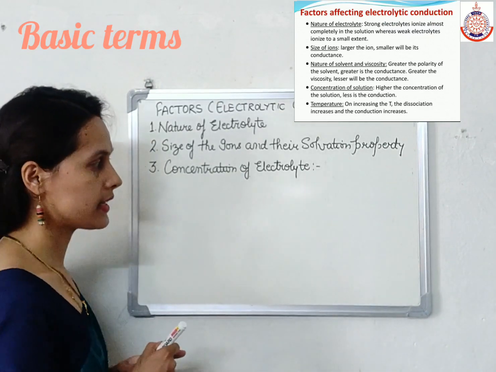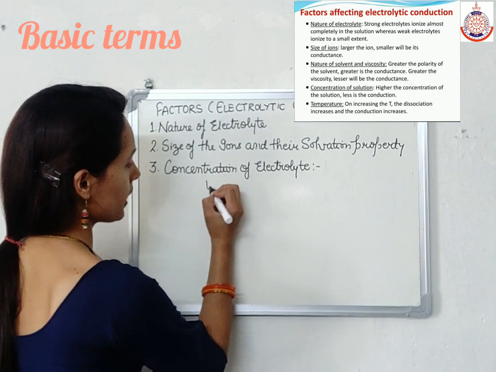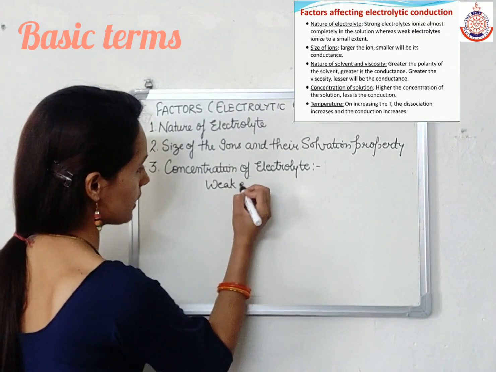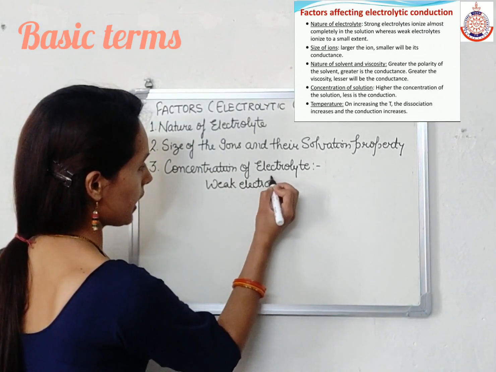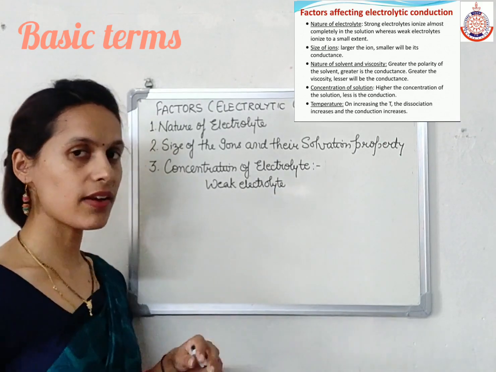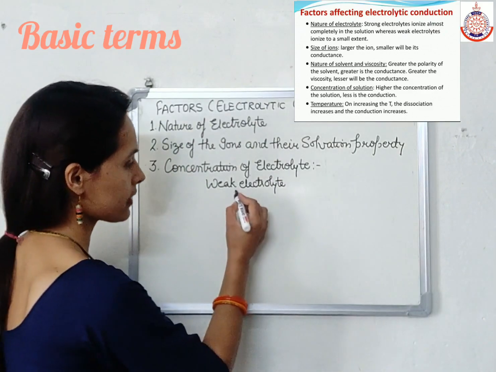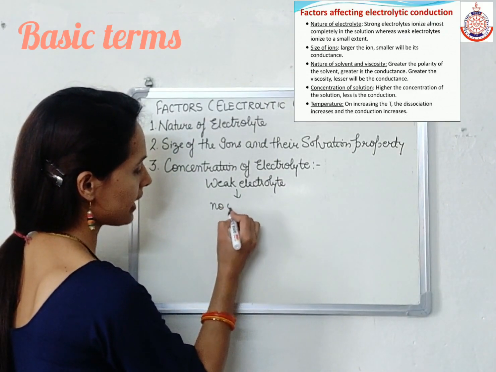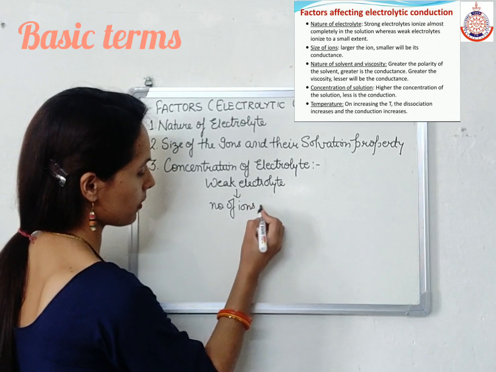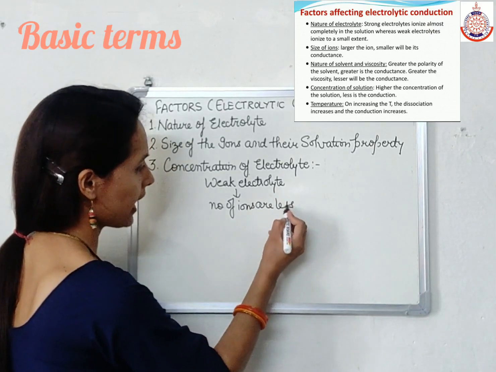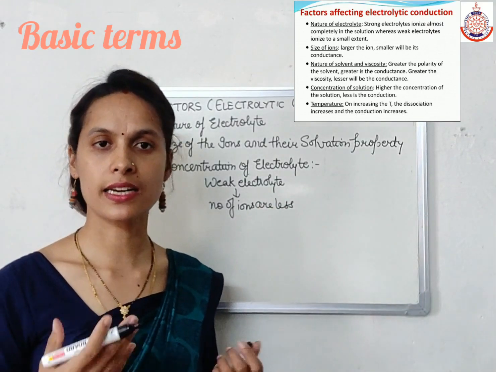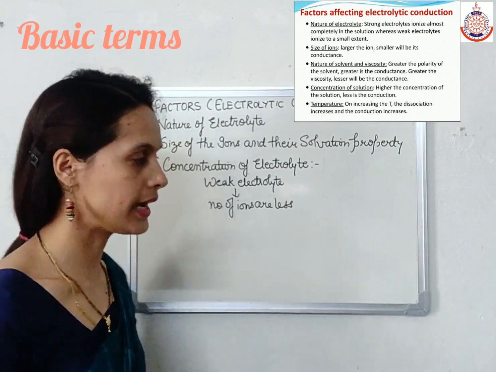Now the reason behind this: in a weak electrolyte, if we have higher concentration, then the number of ions is less, and if the number of ions is less, then the conductivity is also less.